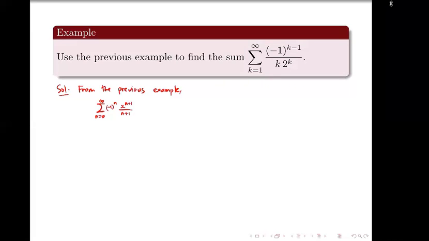So this series here is equal to ln of 1 plus x, provided that the absolute value of x is less than 1. Let us adjust this. Suppose we start with n equals 1 instead.